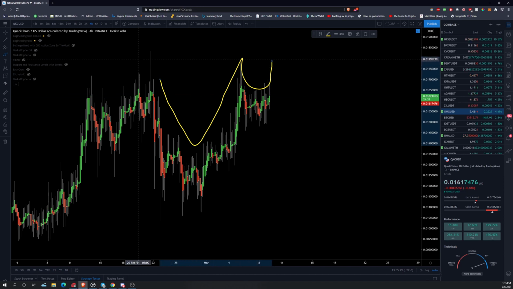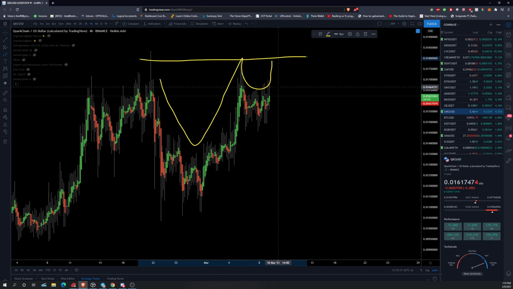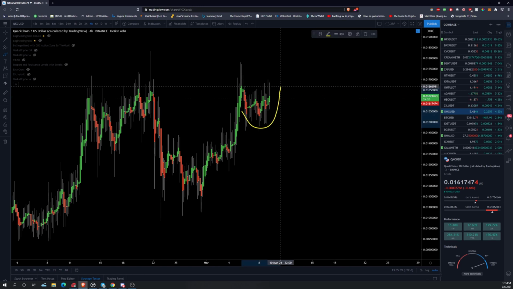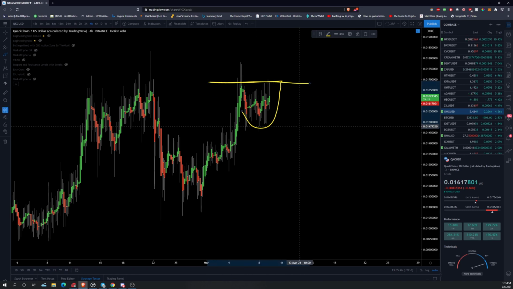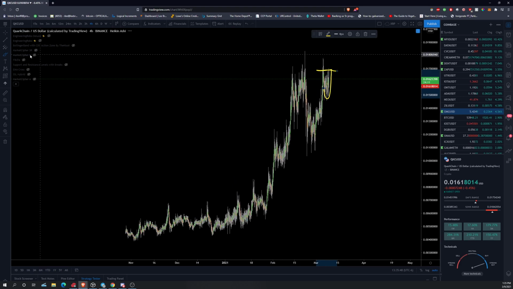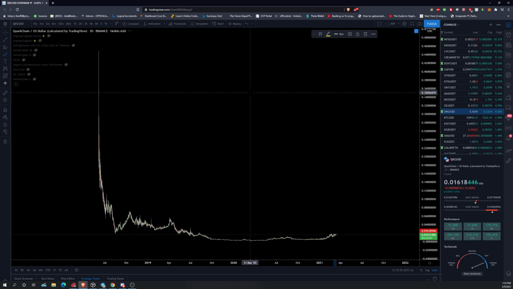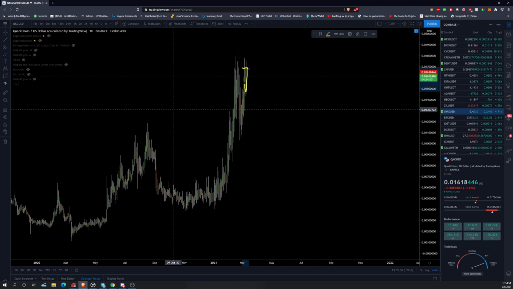And then once it breaks this line of resistance, that's when it takes off. So it looks like that's what we're waiting on. It's going to complete this little thing. And somewhere in here is your resistance line. And let's just look back to the left and see what we see.